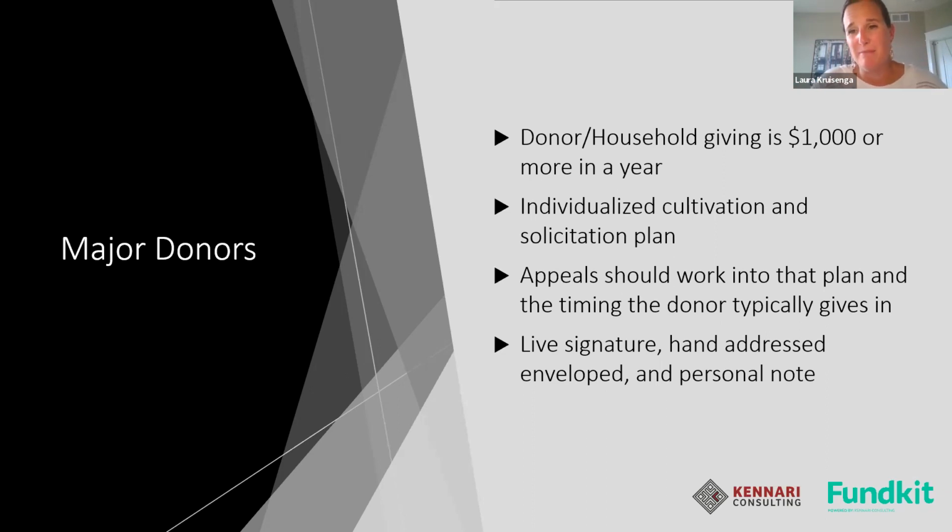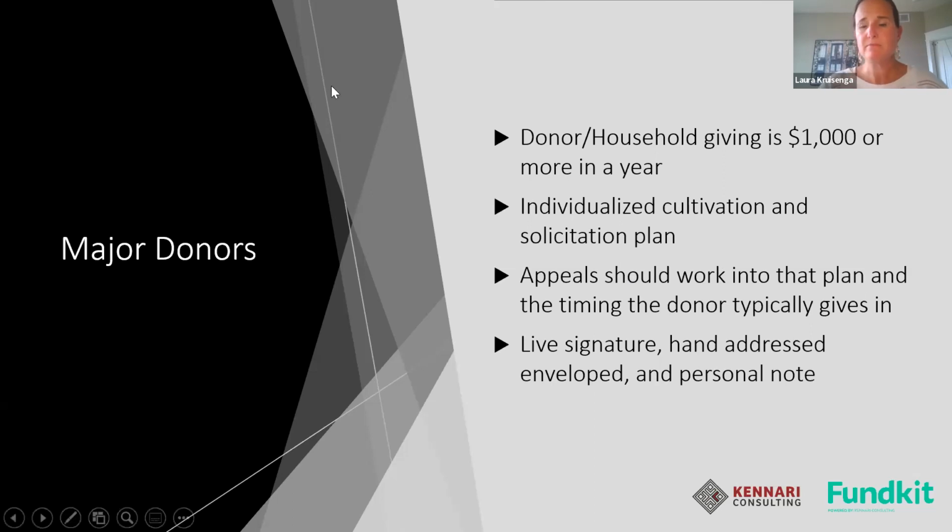We often interact with people who say, oh, I thought a major donor was $10,000 or more, or $100,000 or more. I mean, that is major. But for most nonprofits, we would consider a household, so an individual or a couple or family that's giving $1,000 or more in a 12-month period, a major donor. And so that's really who we're talking about when we're looking at these segments.